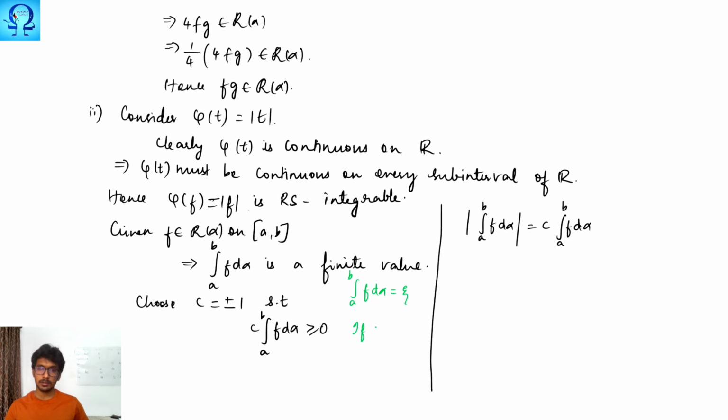If z is 0, if z is positive, then C is 1. If z is negative, then C is minus 1. Now this means what? Absolute of z is the same as z multiplied with C, right? So that is what we mean here. And by the properties of integrals, we shall take this C inside.